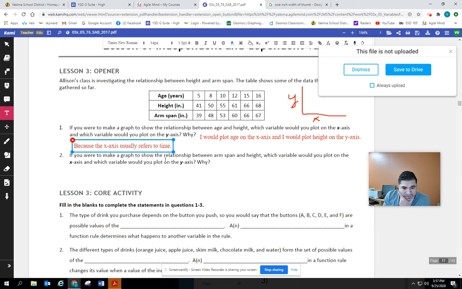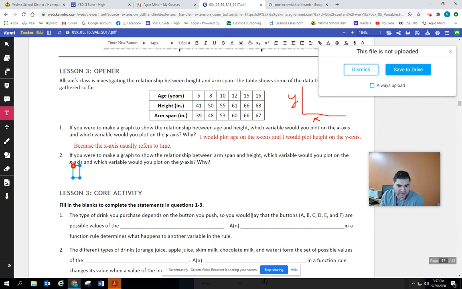All right, so if we're to make a graph between the relationship of arm span and height, which variable would you plot on the x-axis and which would be on the y-axis? So I'm thinking probably that the taller I am, the more my arm span would be. So I'm going to say that the arm span is going to depend on the height.